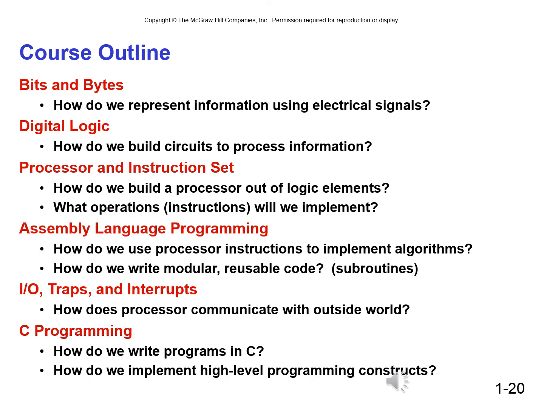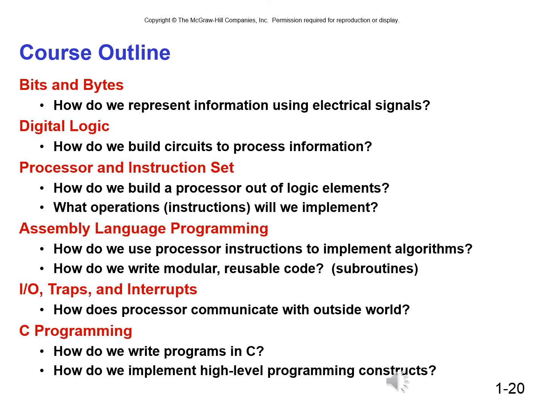So how will we progress in this course? We're going to start off with bits and bytes, how we represent information using electrical signals and electronic circuitry. How do we build those circuits to process information? And then how do we build a processor out of basic logic circuits? And what operations do we need to implement in order for that to be a logically complete processor?